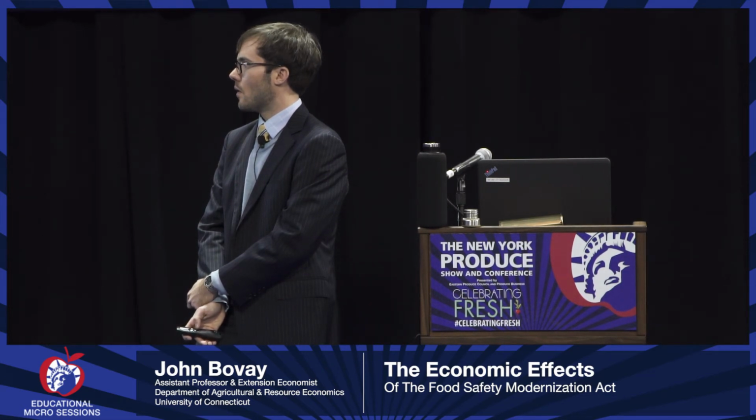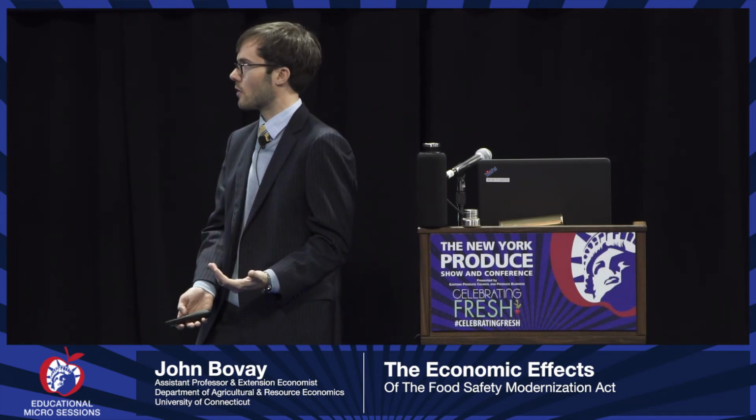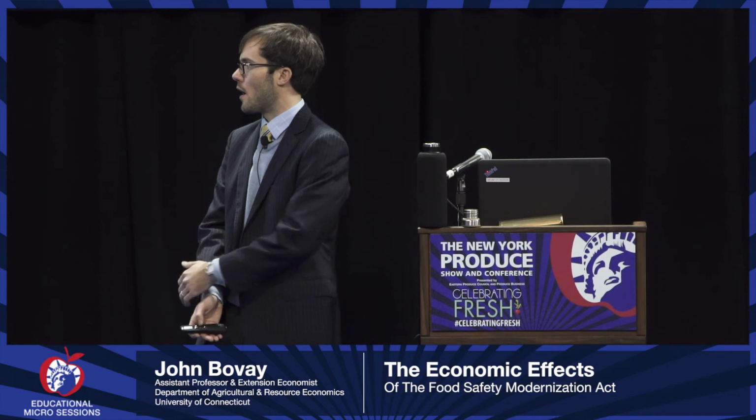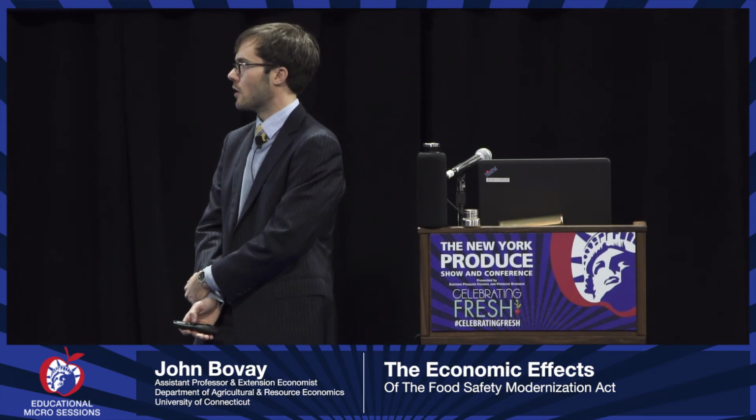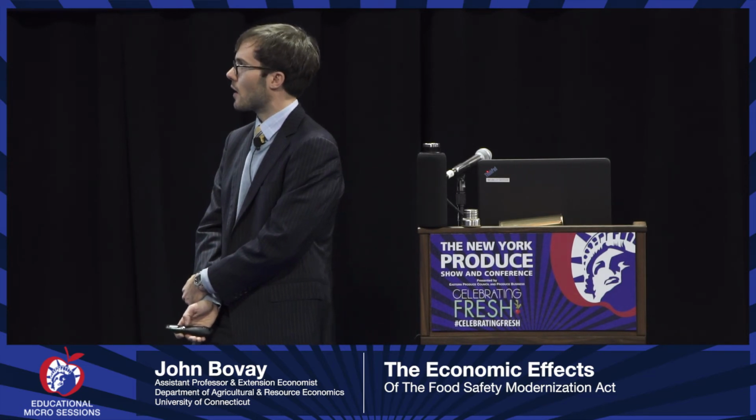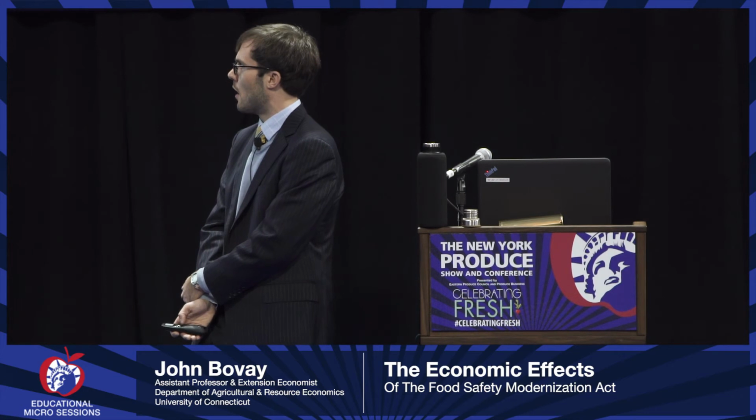And then we employ the same sort of simulation with shifting supply and demand curves to arrive at our estimates of the pass-through of costs to retail consumers. These are, again, more technical slides.